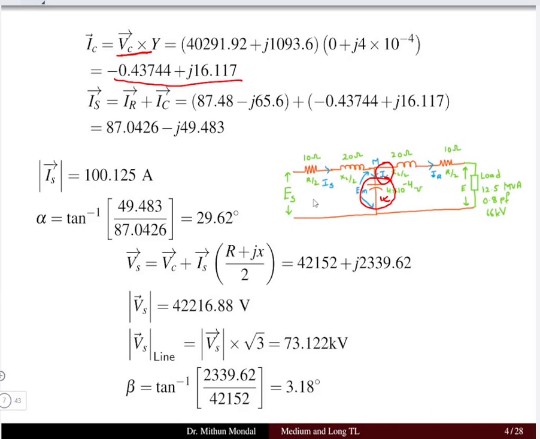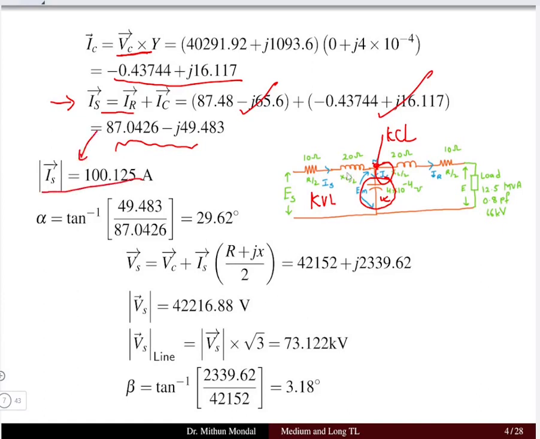Now we can apply the KVL concept in this particular loop, and at this particular point we can apply the KCL. The sending end current will be distributed into the receiving end current plus the capacitive current. We can find the sending end current, because the receiving end current and capacitive current we have already found out. Now the sending end current magnitude we can find out from here.